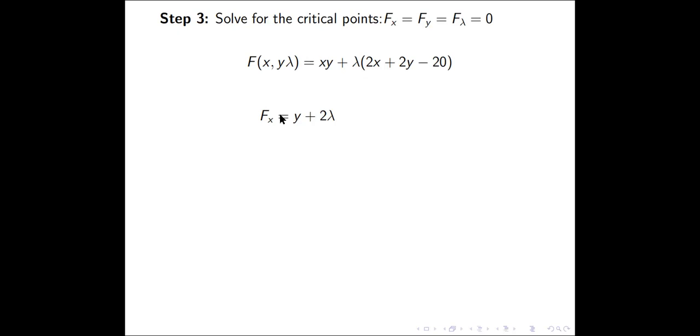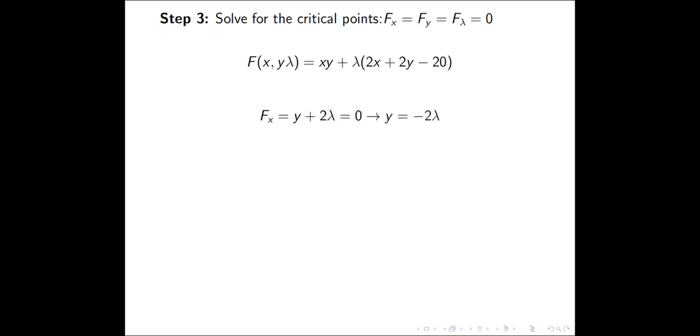So if we differentiate with respect to x, y and lambda will be treated as constants. We differentiate this with respect to x, we get y. And then lambda is a constant, times the derivative of this with respect to x, so this has a derivative 0, this has a derivative 0, and the derivative of 2x with respect to x is 2 times the constant lambda. That's why we have this one. And we equate it to 0.